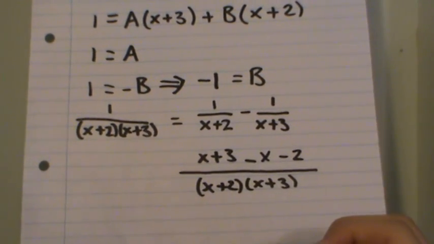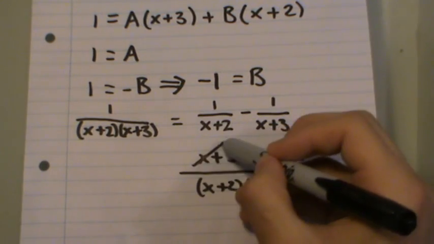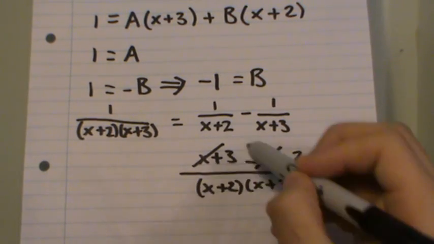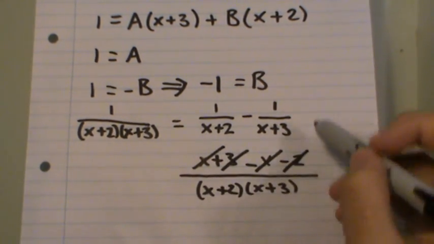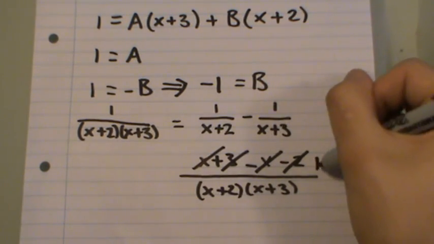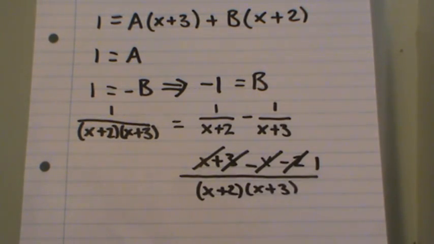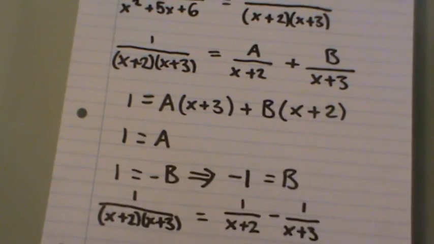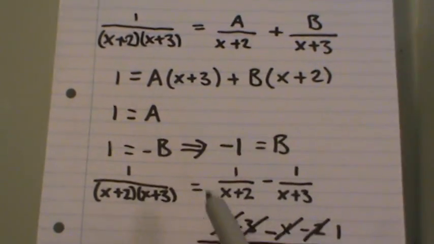Okay? And we know that these x's are going to cancel, and this 3 is going to get subtracted, leaving us just 1, which is our original fraction that we wanted over here.